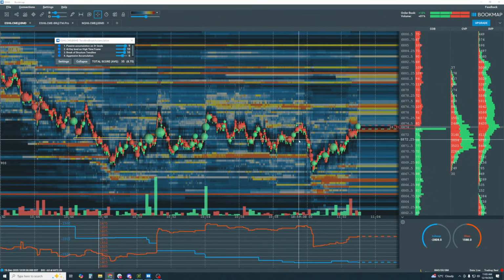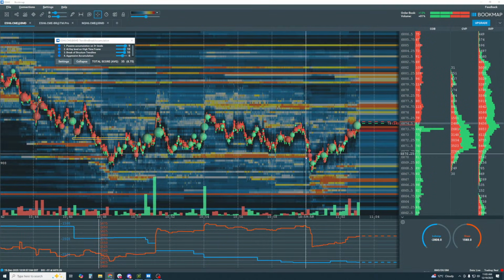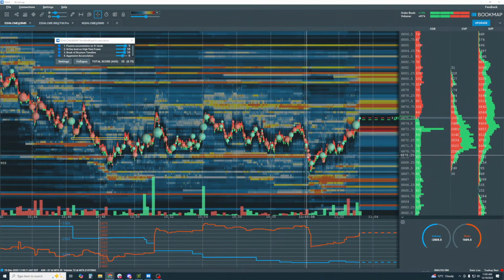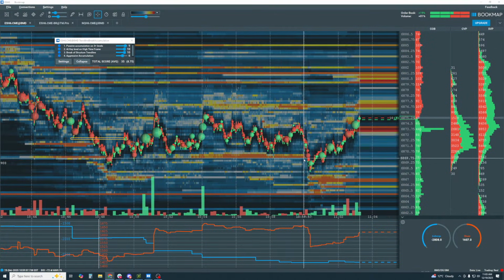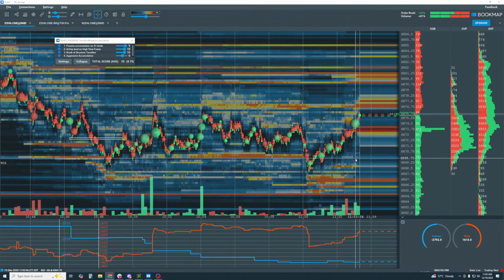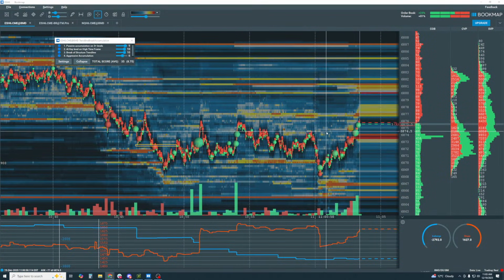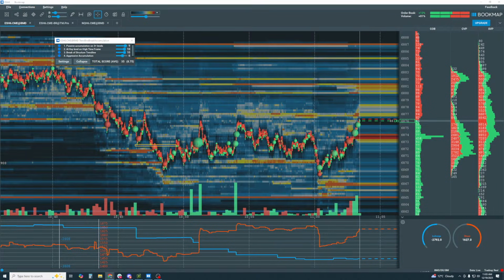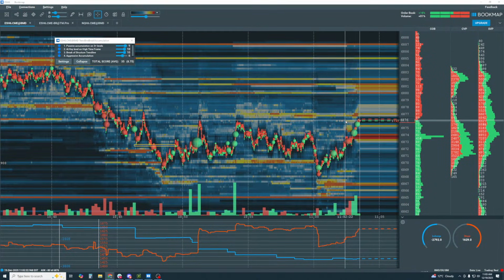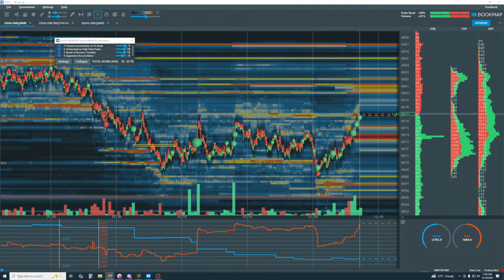I would look for point of control and the other side of the range here. Okay, so you'll start to understand a reversal pattern, a range bound pattern, a continuation pattern. We'll get there, but just start with this one setup, and you'll get better and better at it. And this context will seep into your knowledge.